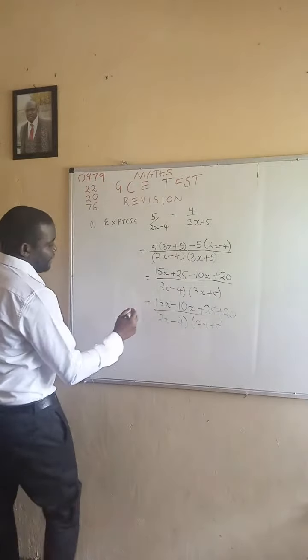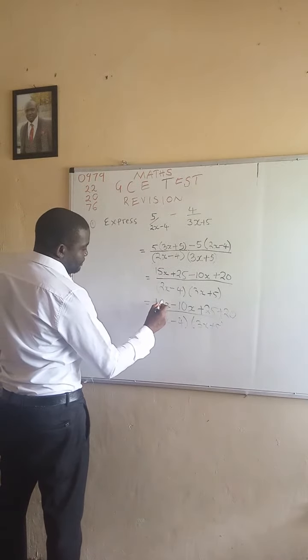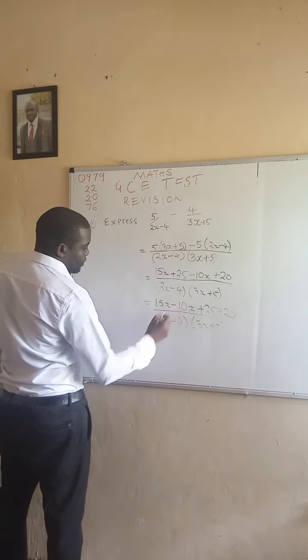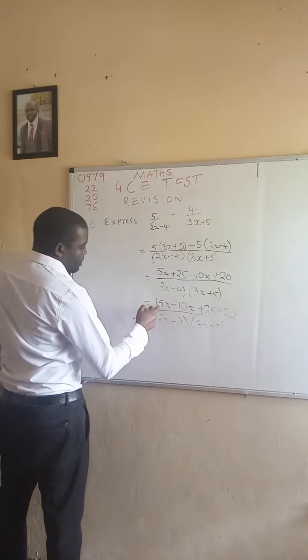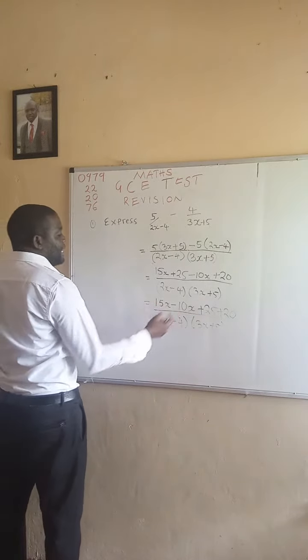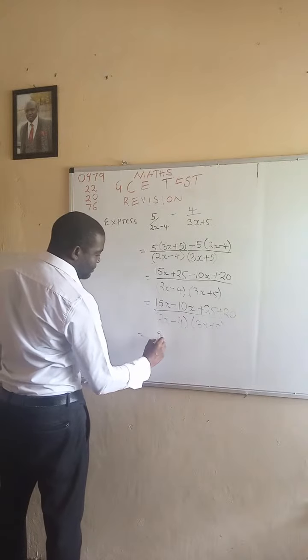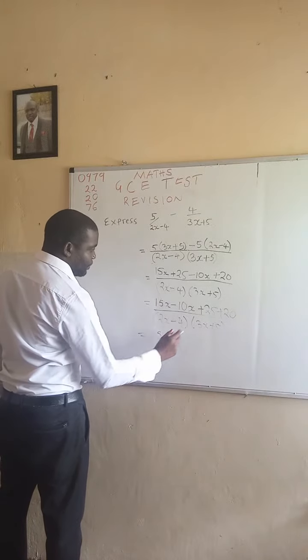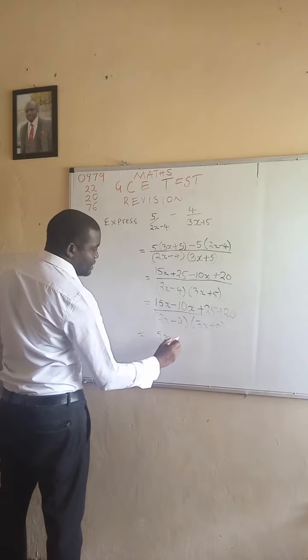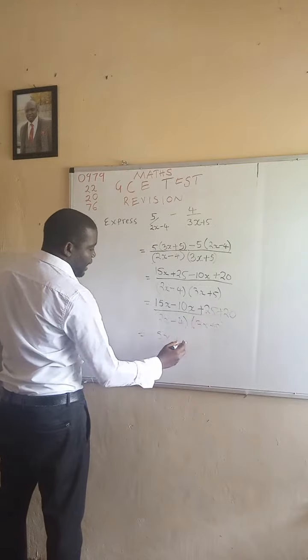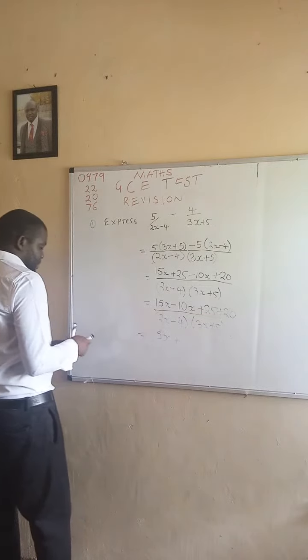The marker is quite faint. I don't know if you can actually see. (15 minus 10), it is 5. Plus 25 plus 20, it is 45.